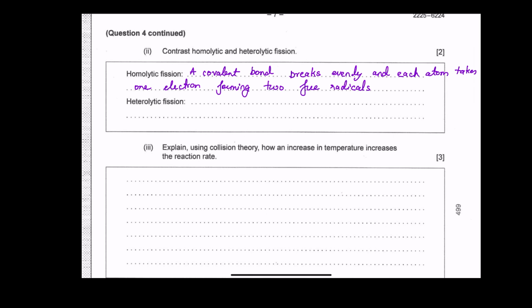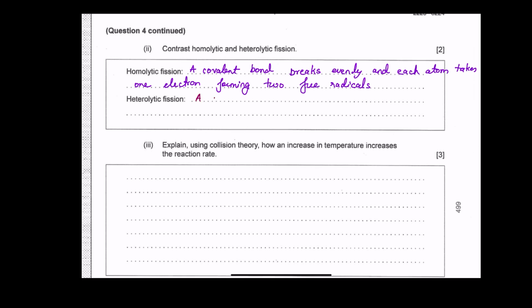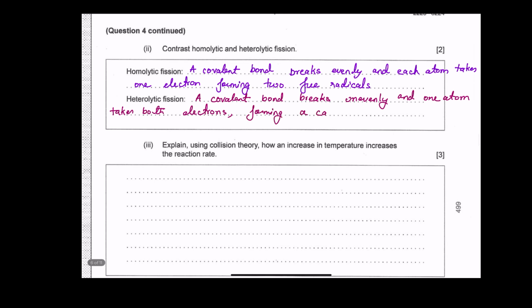For heterolytic fission, the bond breaks unequally or unevenly, and one atom, a more electronegative atom, takes both electrons, forming a cation and an anion.